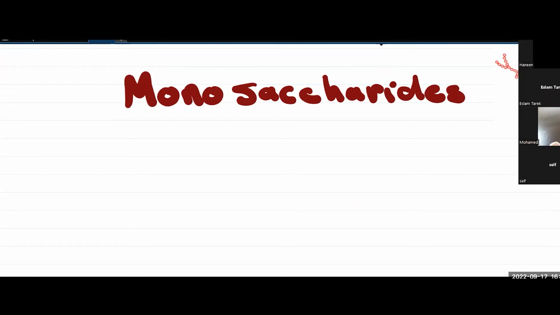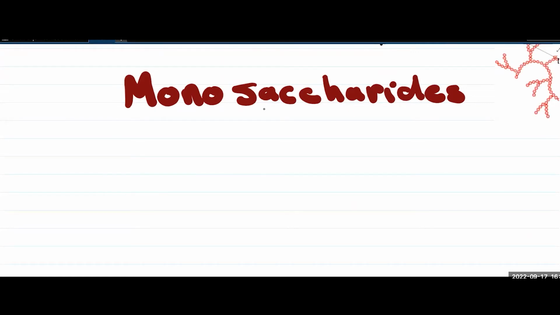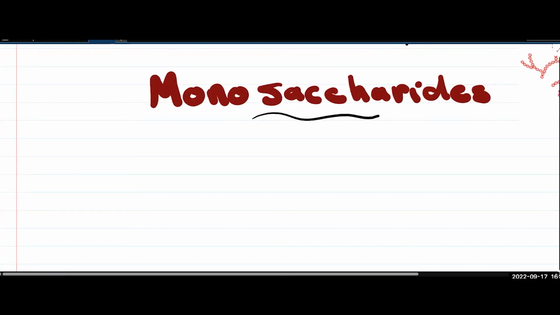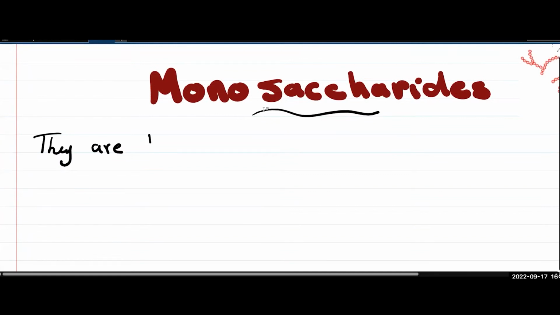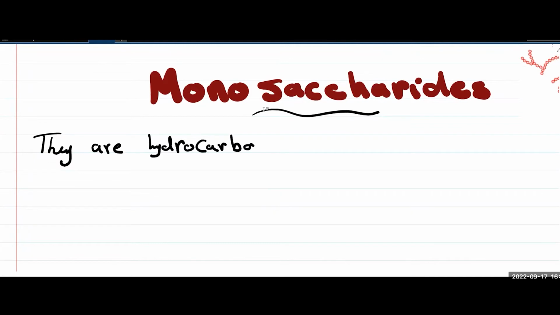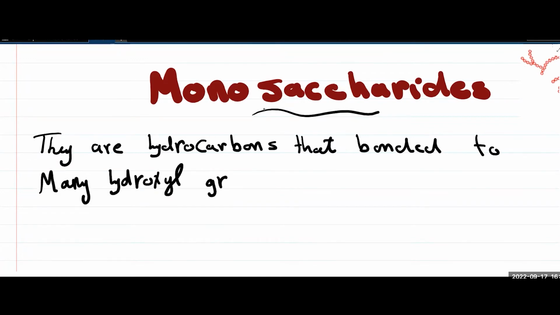Okay, let's define the structure, or the chemical structure, of sugars first. I think most of you handled organic chemistry before. They are hydrocarbons, organic compounds which are made up of carbon and hydrogen bonded to many hydroxyl groups.